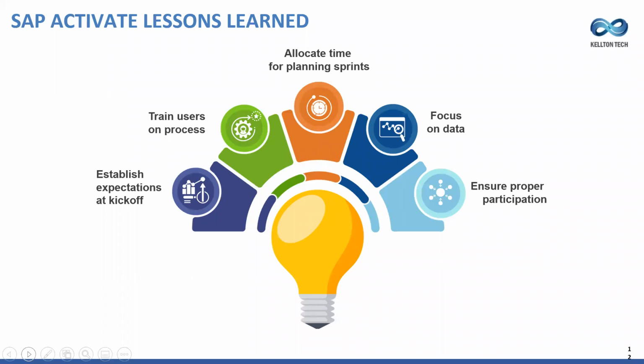Oftentimes when you implement S4, it's a big change for customers, right? Things that consultants understand and articulate in documents can't necessarily be understood at a well enough level for customers, once they approve, to say, yep, this is what we want.